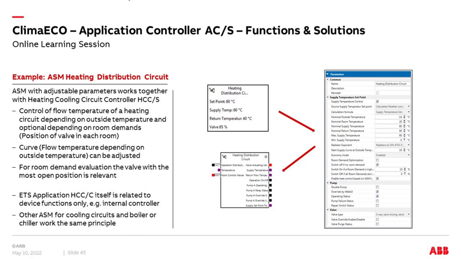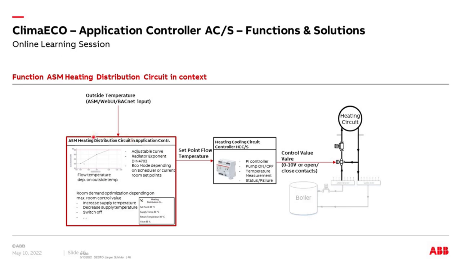So a small look to understand: you see here some functions of this ASM heating distribution circuit in the application controller. You see a curve. This will also be visible in the application controller WebUI to change it. And you see the functional chain here. Outside temperature is an influencing parameter or value, plus some more, which will be processed.